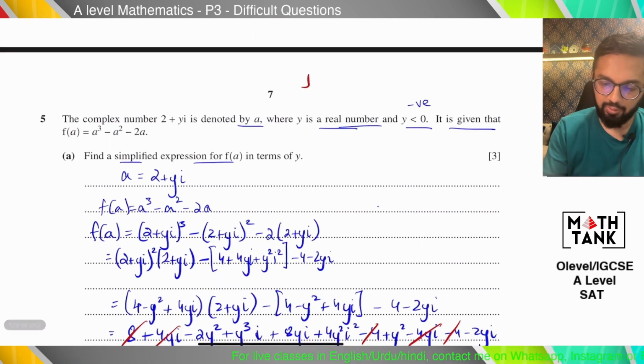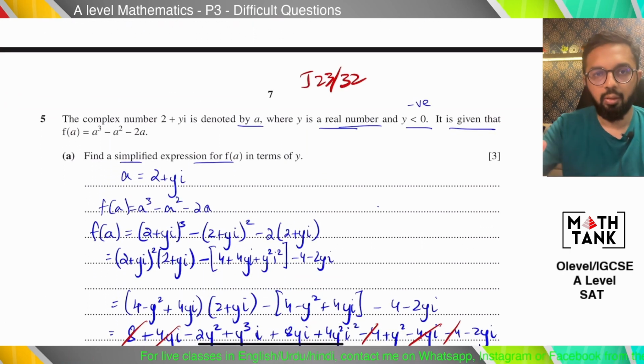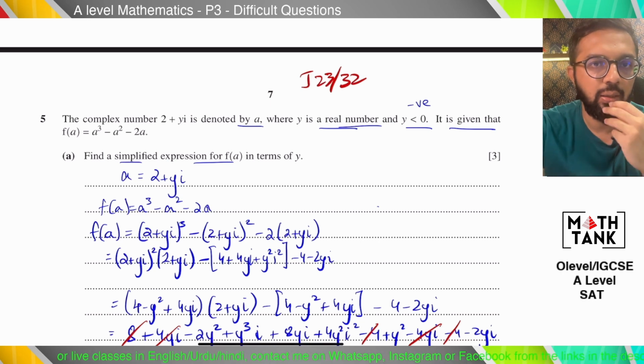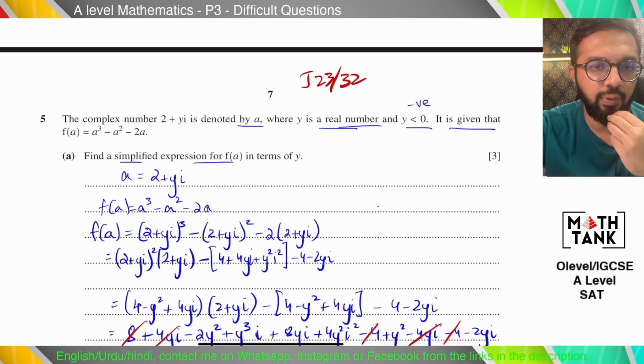This is June 2332. Okay, so let's check in our marking scheme first if you've gotten this correct.